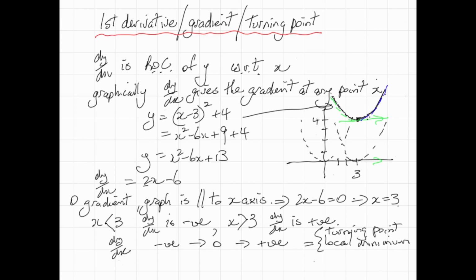So from negative, 0, positive, we have a local minimum, and it is also a turning point.